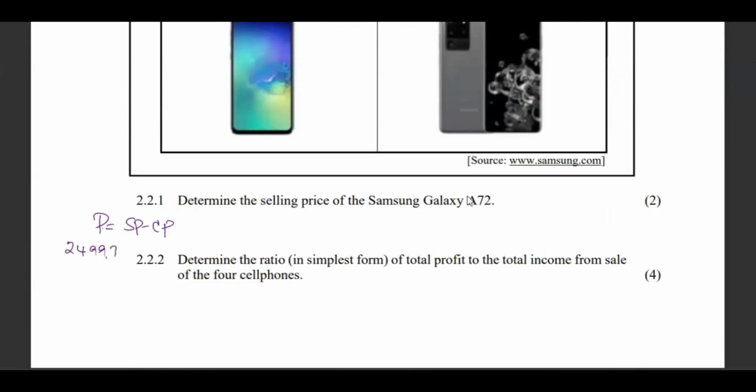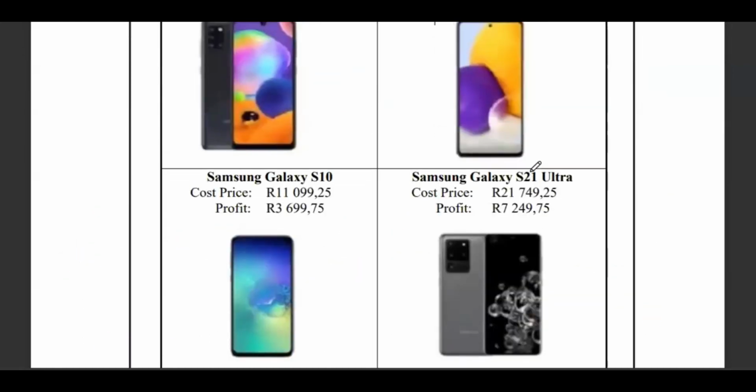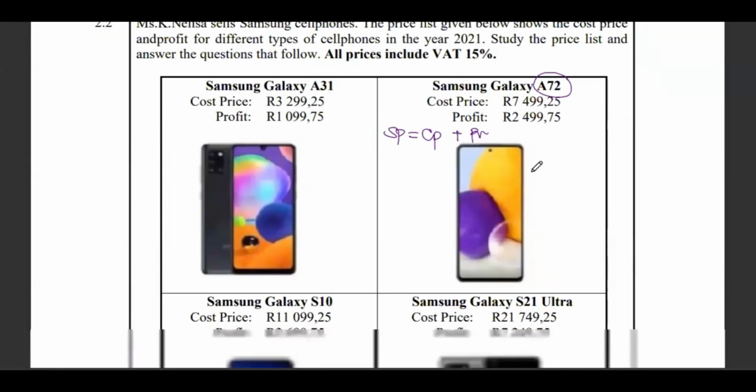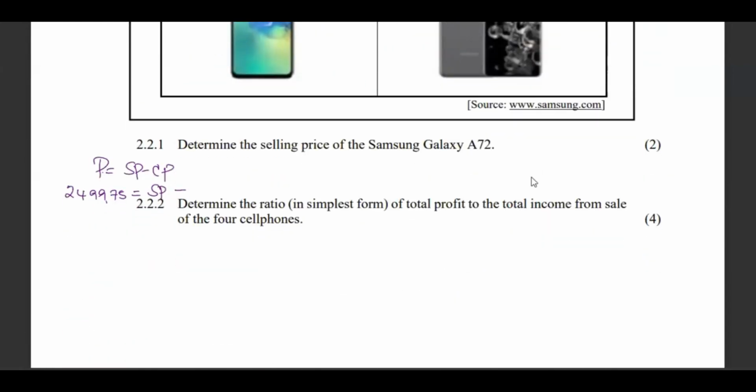2,499 rands 75 cents equals selling price, which we don't know, minus the cost price. The cost price was 7,499. So we are looking for the selling price. That means this number has to jump over and becomes a plus.